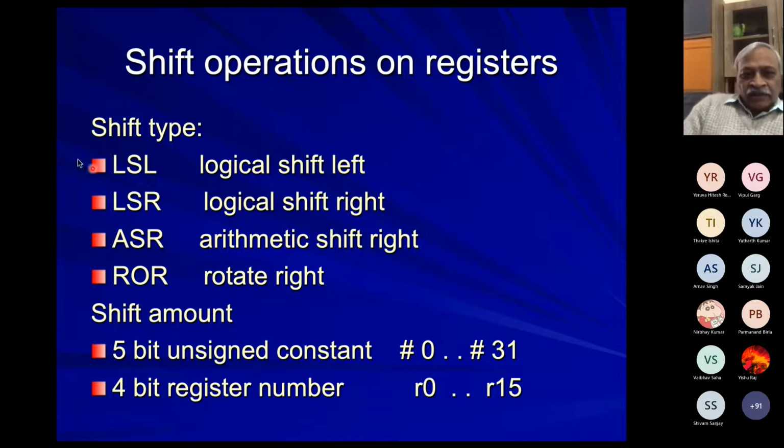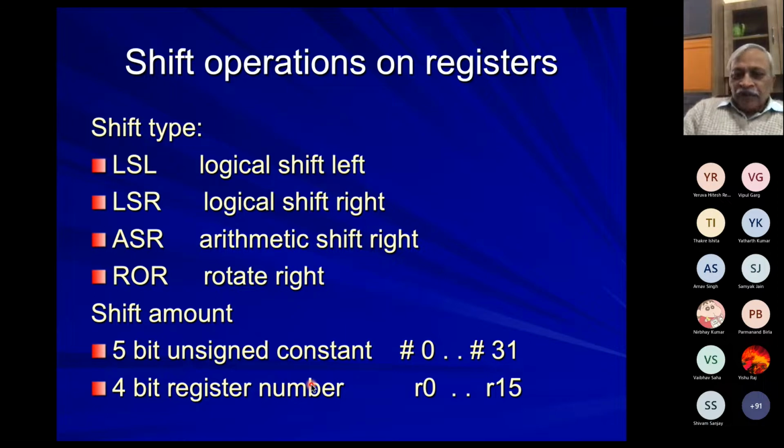Okay. So I was talking of shift amount. You could specify shift amount as a 5-bit unsigned constant ranging from 0 to 31, or a 4-bit register number. So that means the amount by which you need to shift need not be a constant. It could be a value coming from a register.